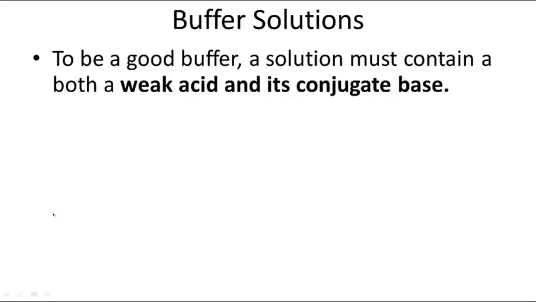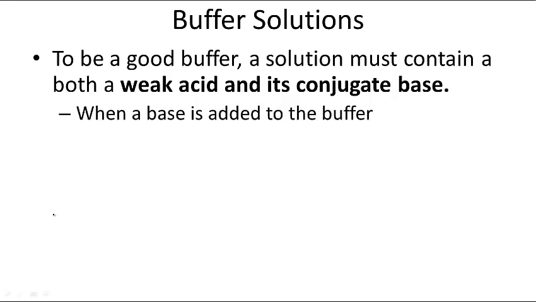You know what? I'm going to just cross out this sentence here. This phrase, weak acid and its conjugate base, must contain a weak acid / weak base conjugate pair. The reason I'm changing that phrase is sometimes people think, oh, a buffer should have a weak acid and its conjugate base.